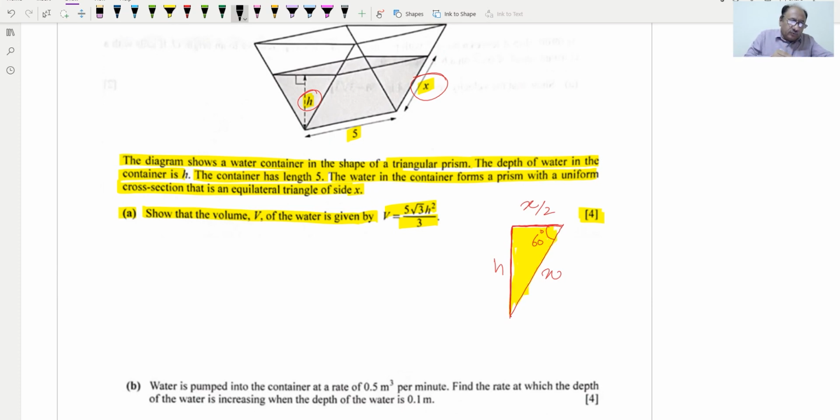Area of this triangle, if we calculate, area of triangle will be equal to 1 by 2 into base into height. So x into h, this is for the whole triangle. Whole triangle means this whole triangle, this one.